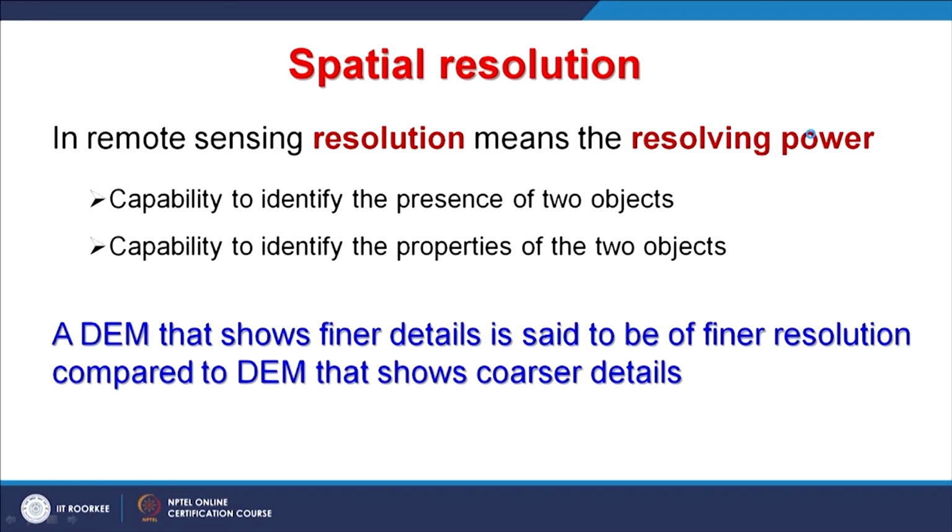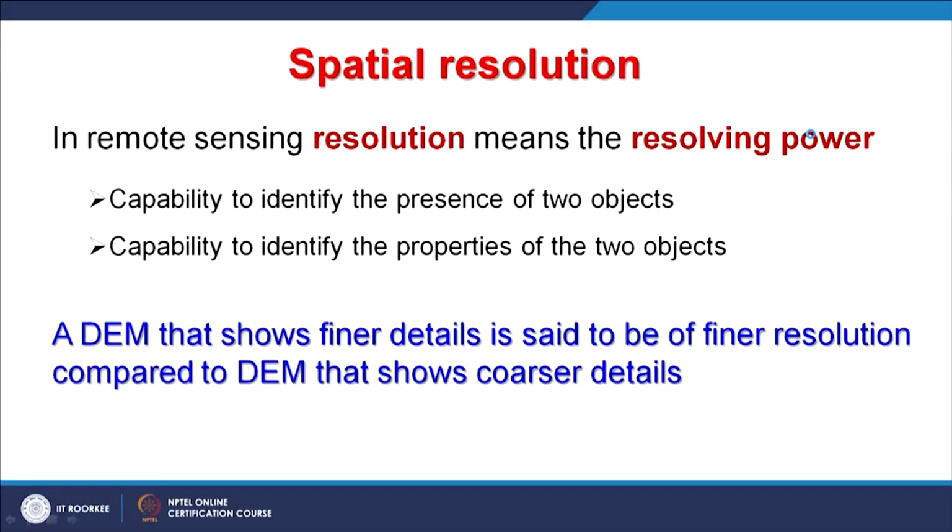When we can identify small changes in elevation or in terrain through a DEM, we say it is a high, fine, or higher resolution DEM compared to a coarser one. But this is always in relative terms.